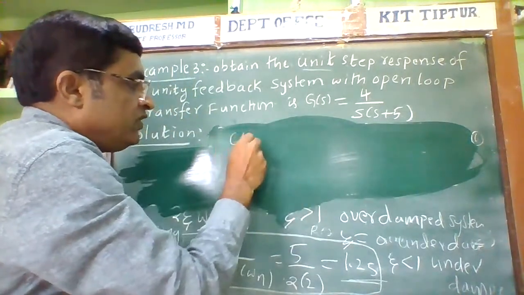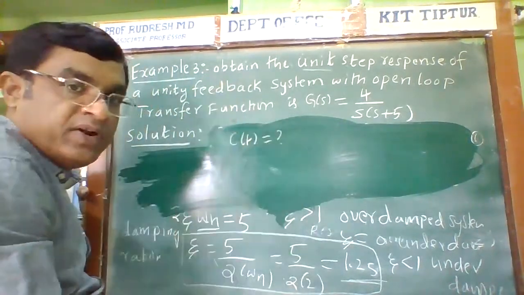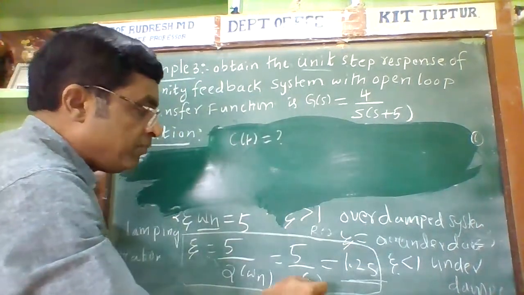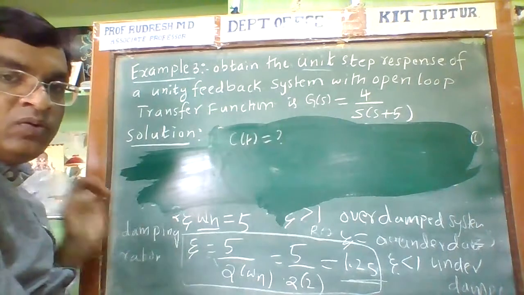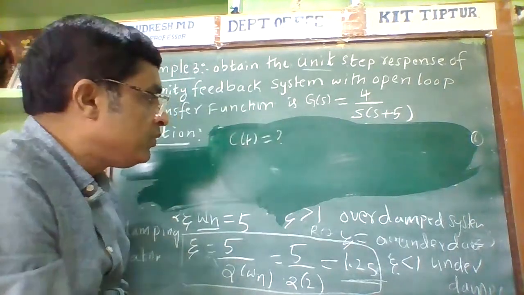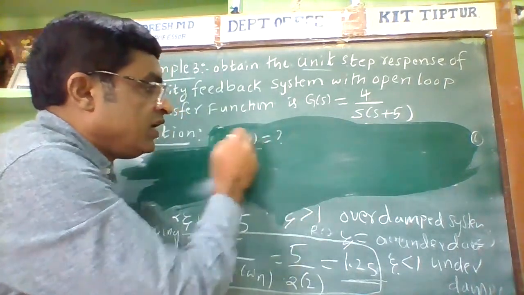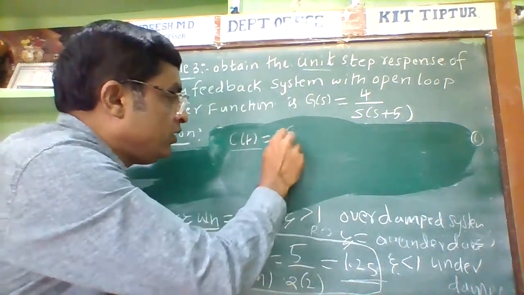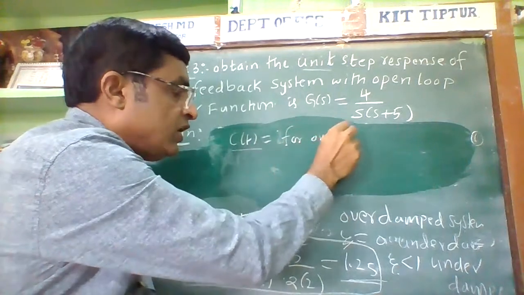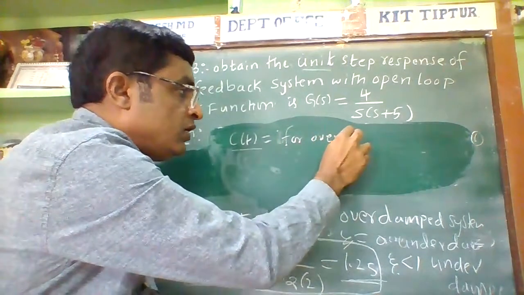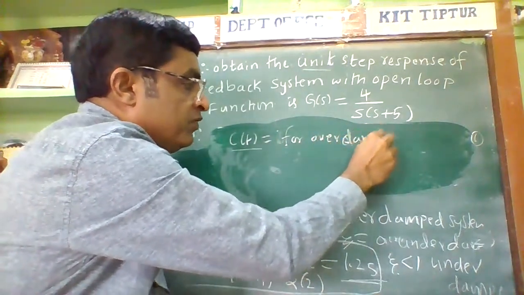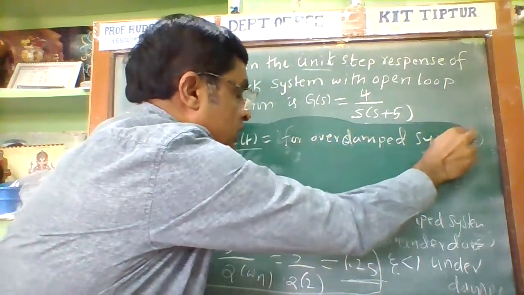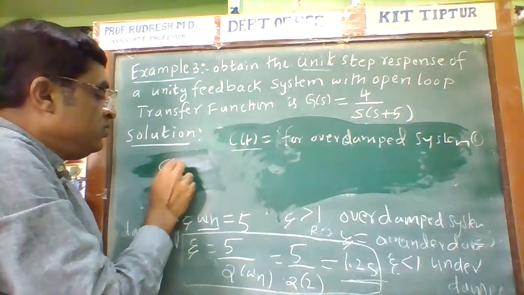Once we know the damping value, whether underdamped or overdamped, the C of t value for the overdamped system is the standard equation. We should remember 4 equations.